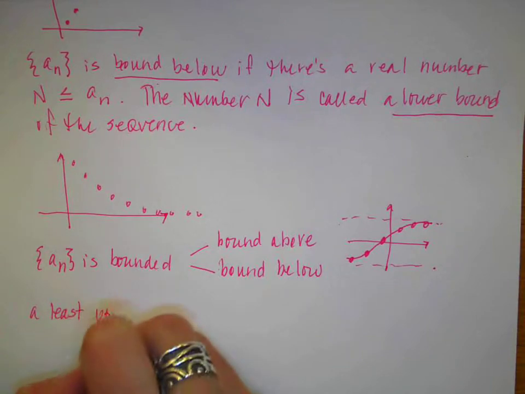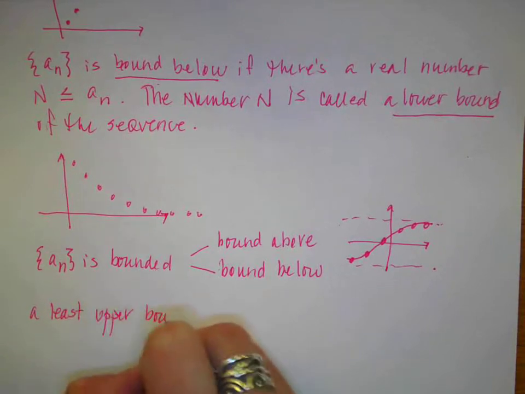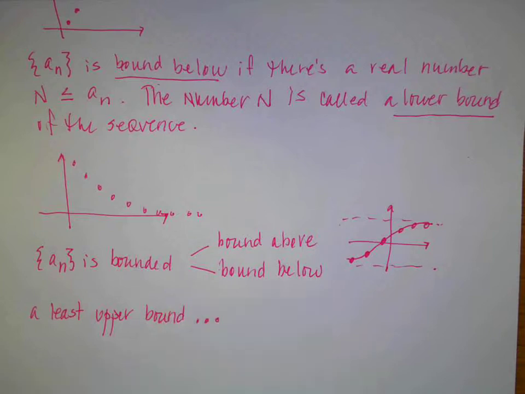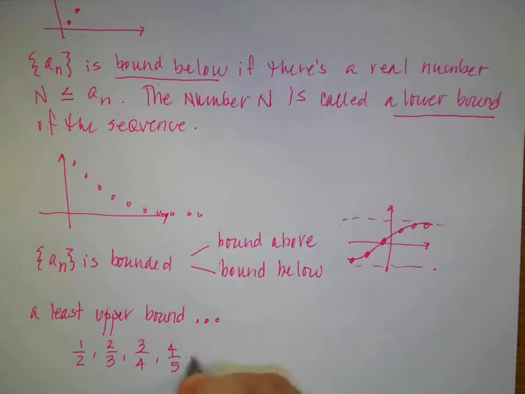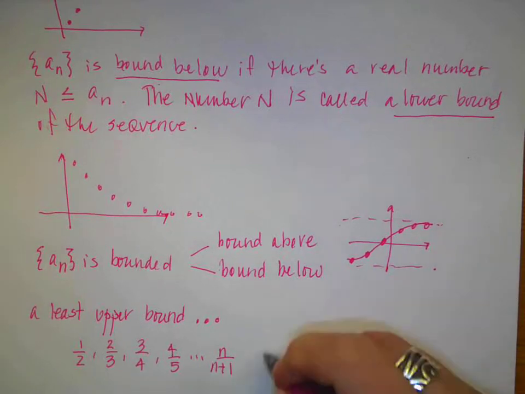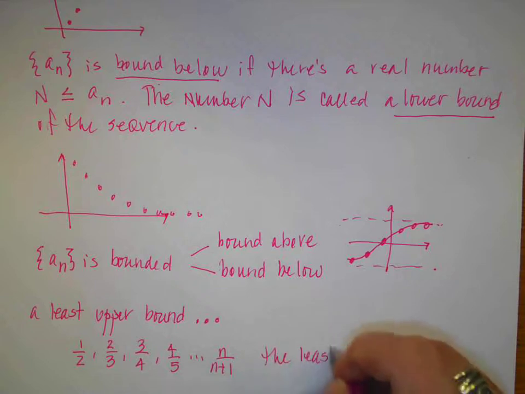Another word that we see would be this, a least upper bound. All right, so let's say I have a sequence that looks like this, 1 over 2, 2 over 3, 3 over 4, 4 over 5, etc., and then I get n over n plus 1.